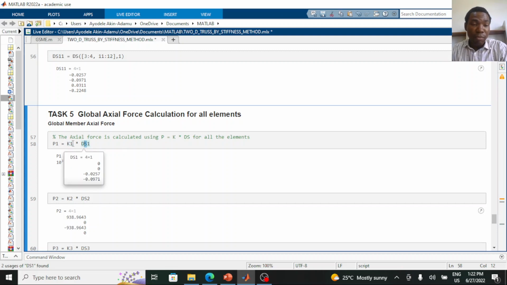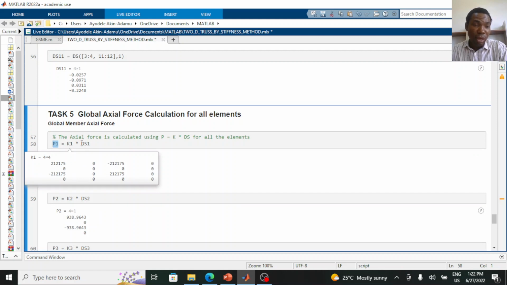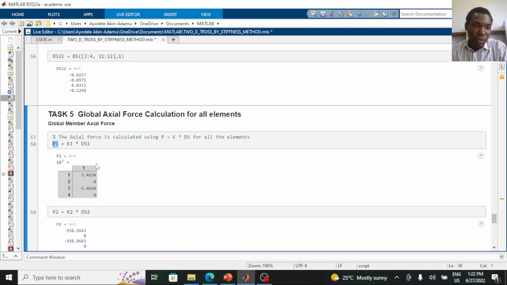So we can multiply both of them together to get the axial force in the x and y direction at both nodes of the element. K1 is a 4 by 4 matrix. DS1 is the displacement vector for element 1. So we multiply them together, we get this.